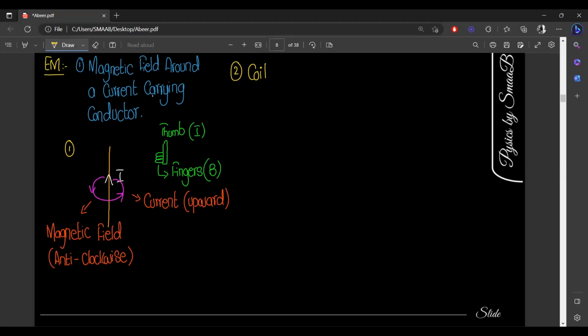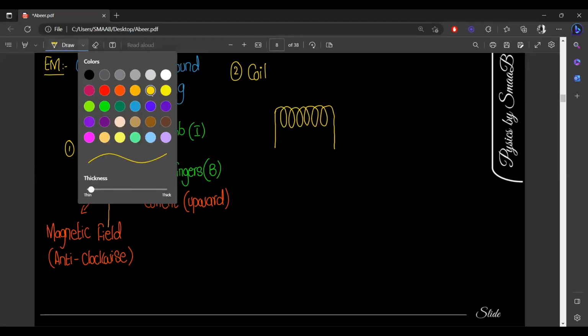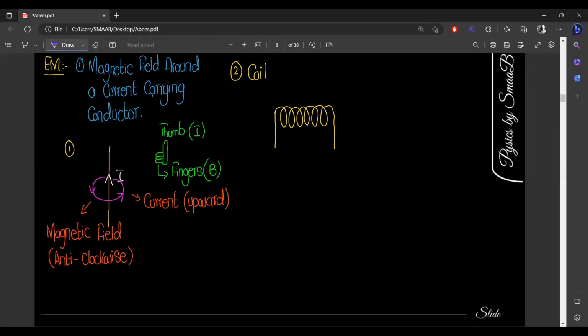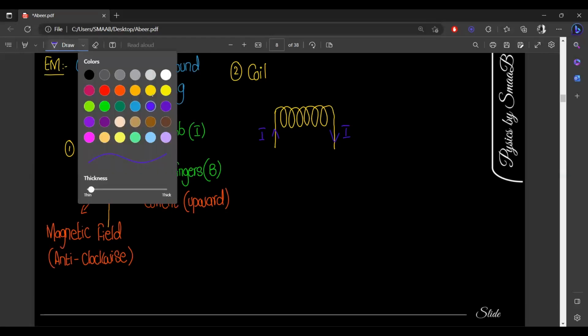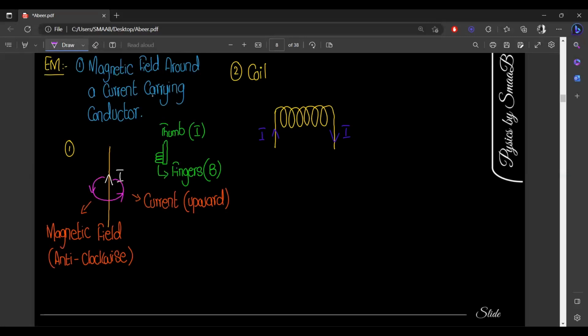Let's suppose the coil will be like this, and current is passing in upward direction from the left hand side, then moves in a circular path through the wire and ends up on the right hand side in downward position. Now if you want to find out the direction of magnetic field in this situation, what will be the direction?